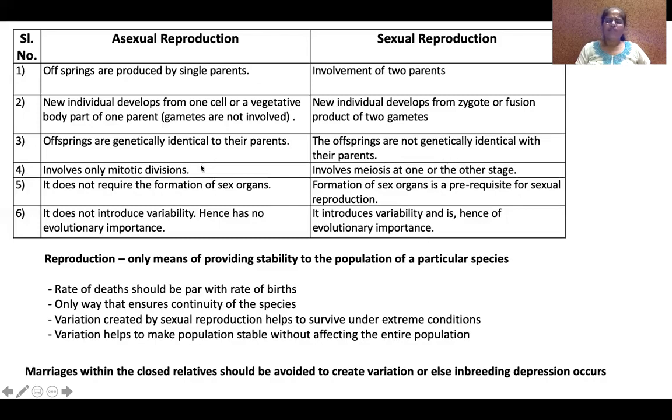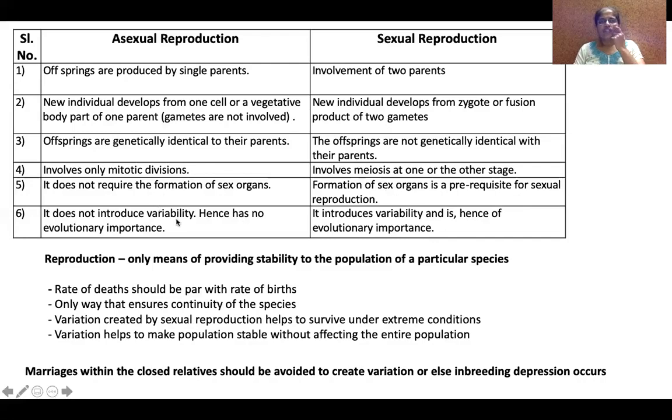In vegetative propagation, we have seen that most of it is mitotic cell division, whereas in sexual reproduction, meiotic cell division. Meiosis happens during gamete formation. Okay. It does not require sex organs, whereas in sexual reproduction, formation of sex organs is a prerequisite.